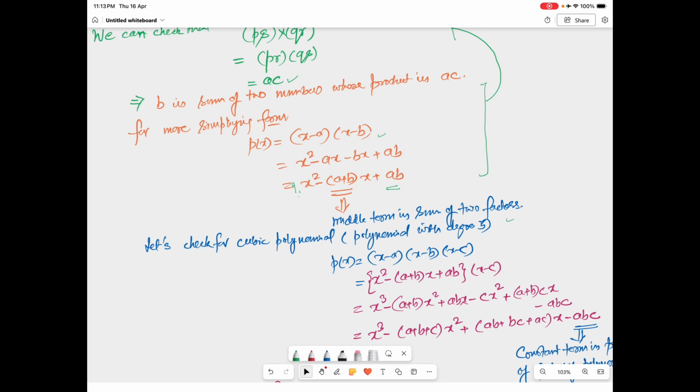In fact, we call them factors because x minus a and x minus b are the two factors, and a and b, their summation will be the middle term.